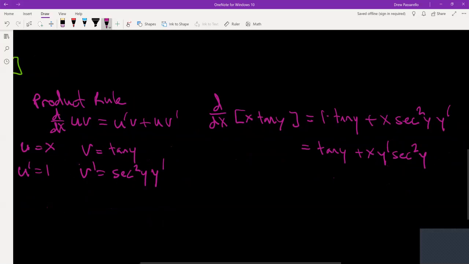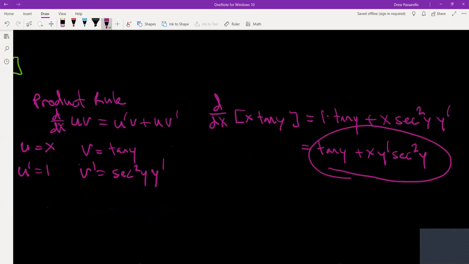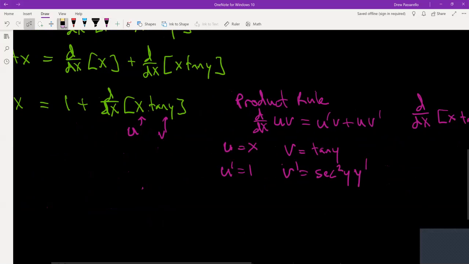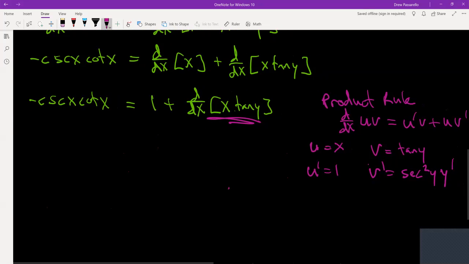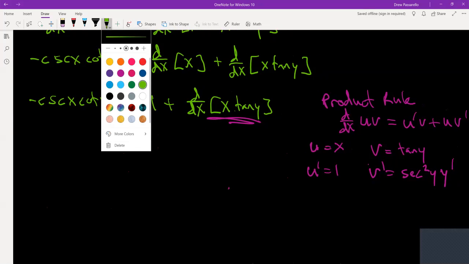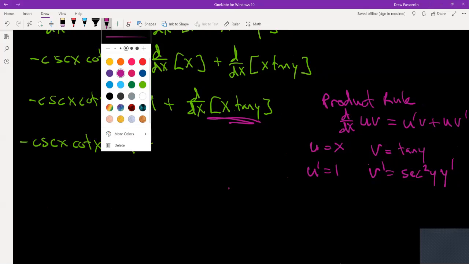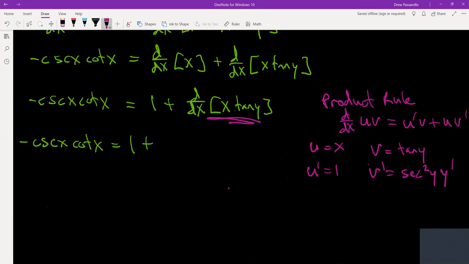Now this is just what all of this part is. So to combine everything together, I have negative cosecant cotangent equals 1, then plus, and then I'll put in purple the derivative of x tangent y.